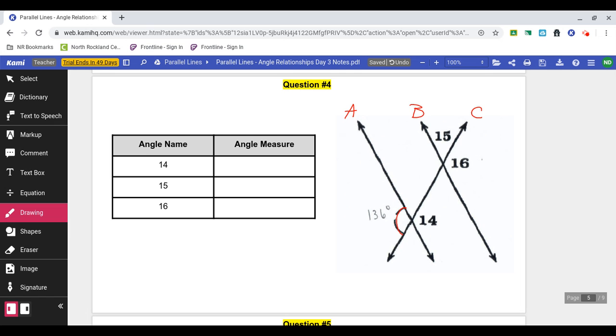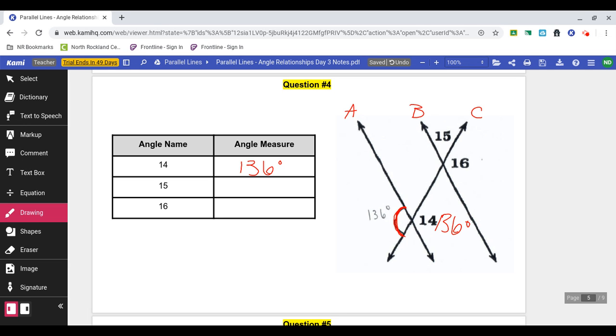Well, I know angle 14 is the vertical angle to the angle that I gave you. So that means angle 14 also has to equal 136 degrees. Okay. I also know that these 2 angles are going to be supplementary, but that's not going to help me yet.